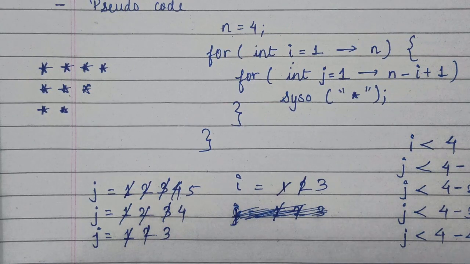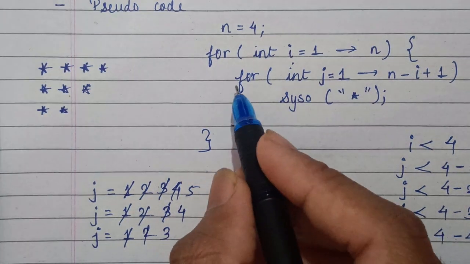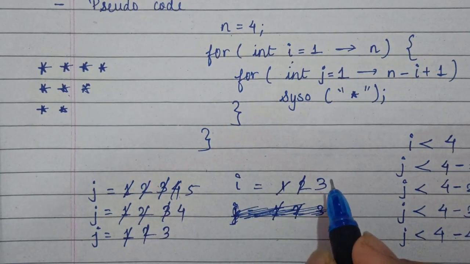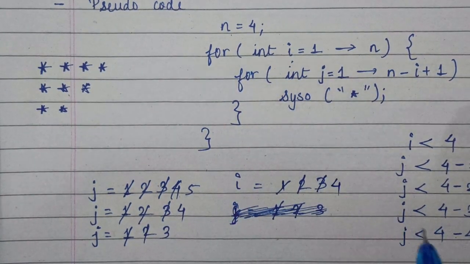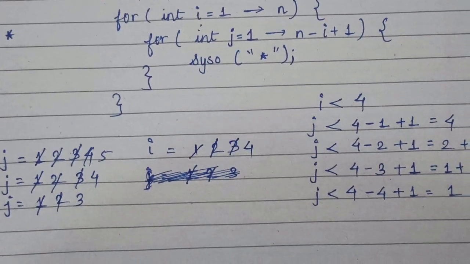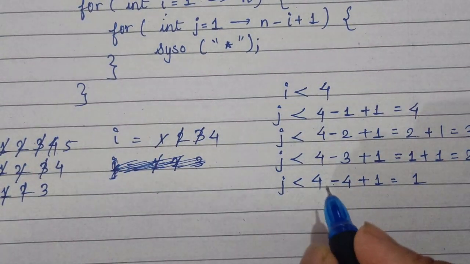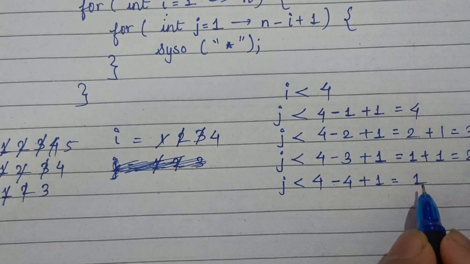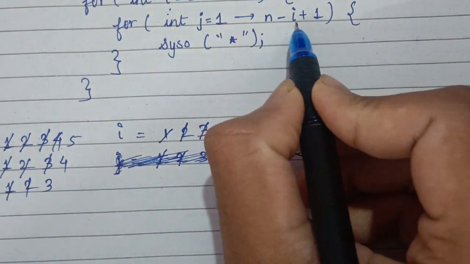The condition is false, then the inner for loop gets terminated and i will get updated by 1. Okay, now i value is 4, then the condition will be 4 minus 4 plus 1, equal to 1.